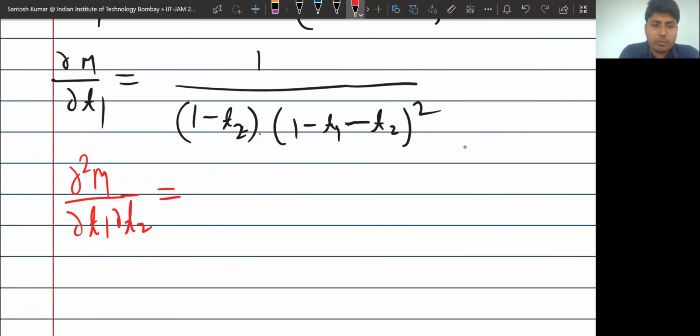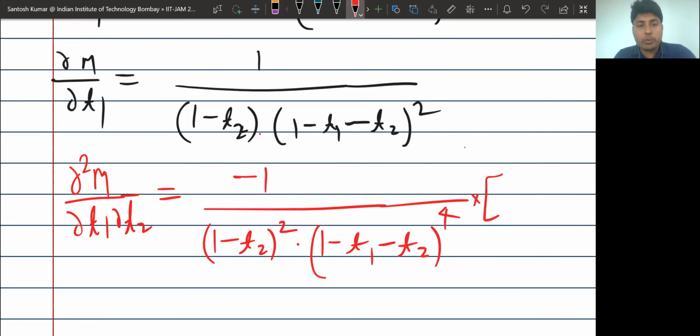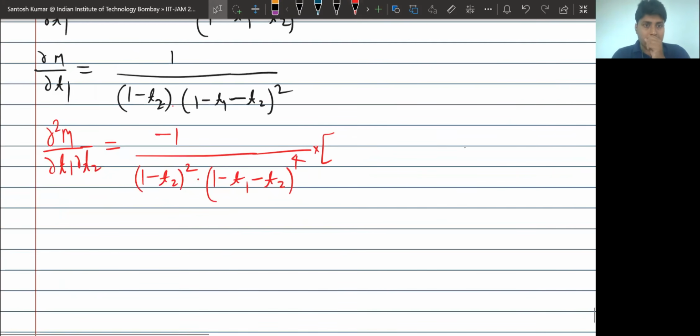Now I have to differentiate with respect to T2, so T2 is the variable and T1 is treated as a constant.